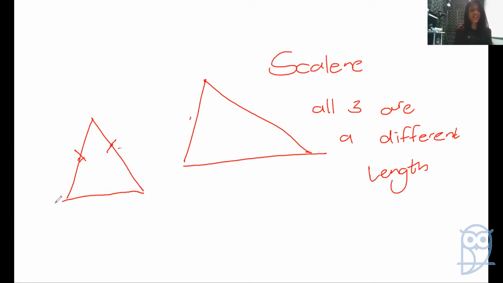So if they did not tell you what type of triangle this was, and you just had a triangle with these 2 lines on it, you would automatically know this is an isosceles triangle because it is showing us that these 2 sides are equal. Okay, so we know scalene, all 3 sides are different. Isosceles, the length of 2 sides are equal.